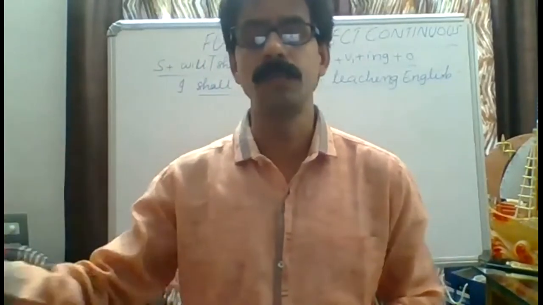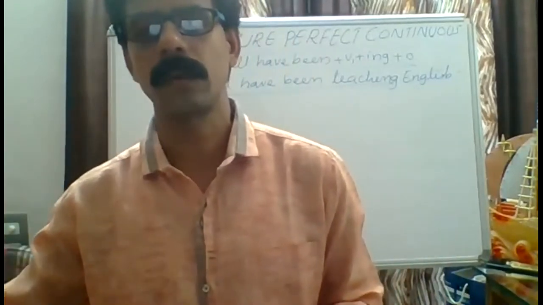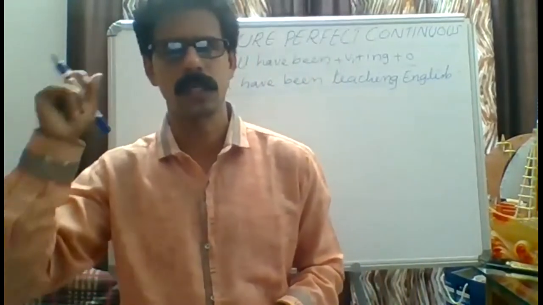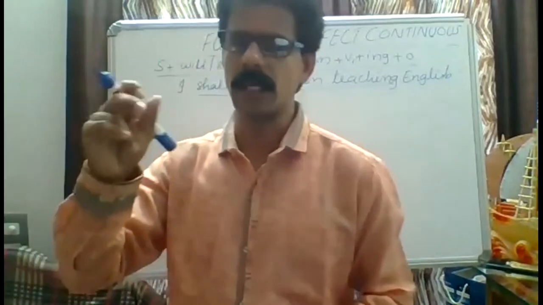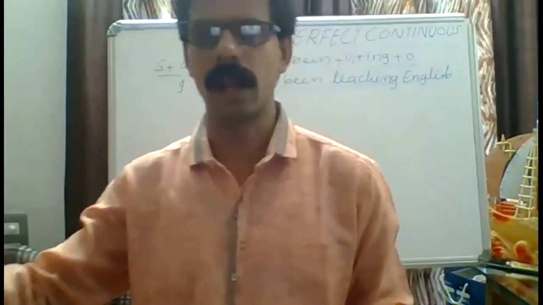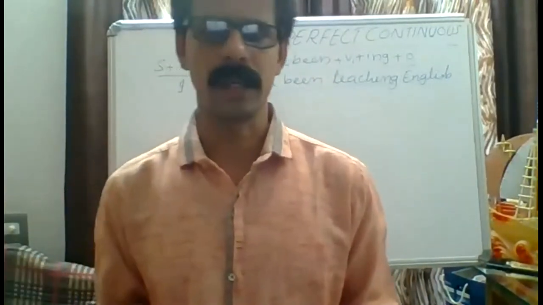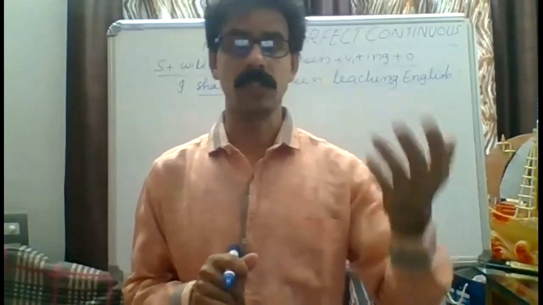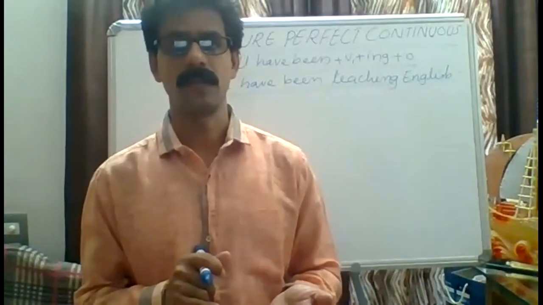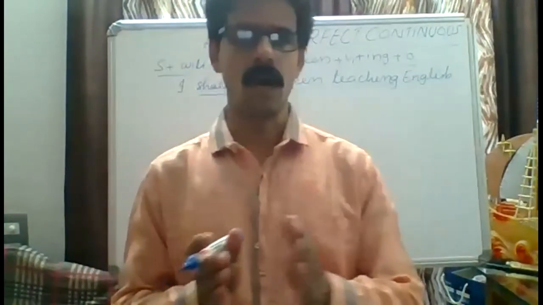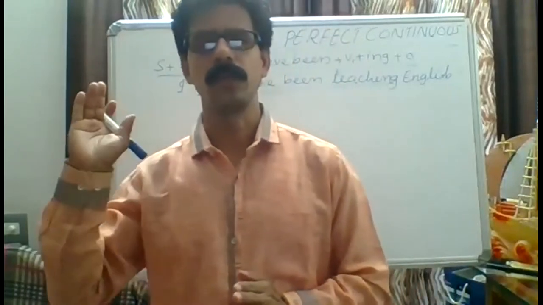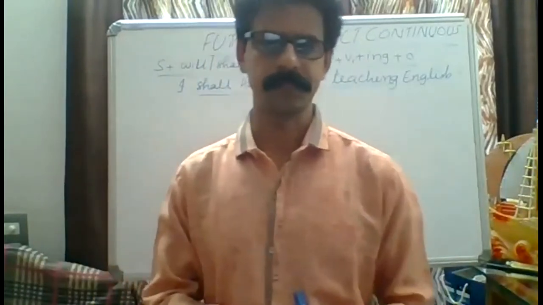When the phone call comes, by that time I will have been sleeping. This action is not happening now. So the action which is going to happen in the future and for a long period in the future is expressed with the help of future perfect continuous.